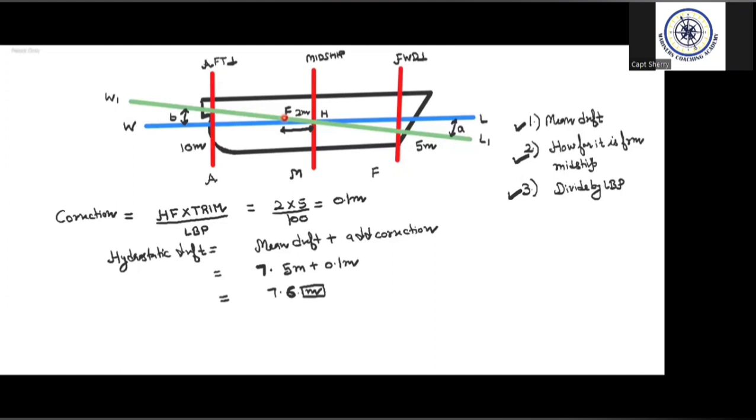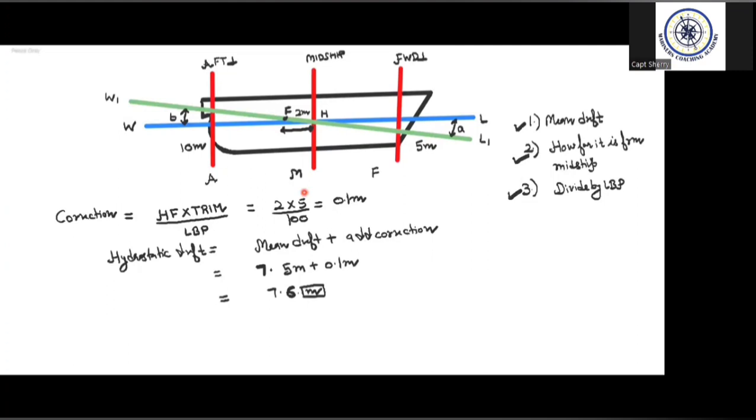So what is HF? It is 2 meters. I have put in a value over there of 2 meters, and that is this value. And then what is the trim? 10 minus 5 will get me the trim. So this is my trim divided by 100, and I will get 0.1 meter as a correction.